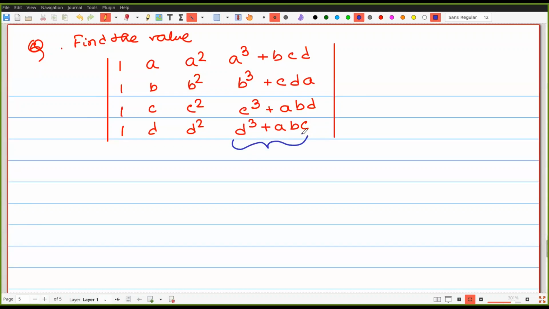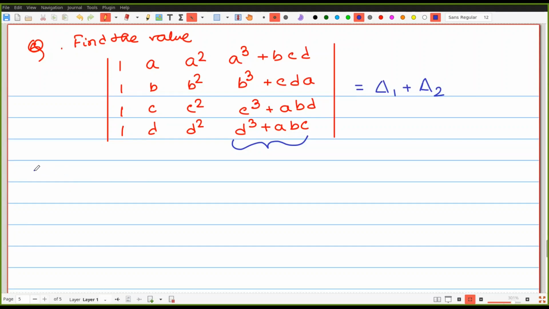Already we have said, if any column in the determinant is written in that way, we can decompose that. Suppose we are writing that one as delta 1 plus delta 2. That means we can decompose it, whatever the number of columns is.